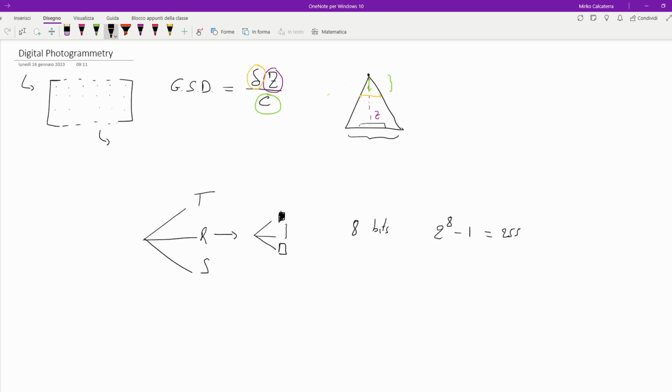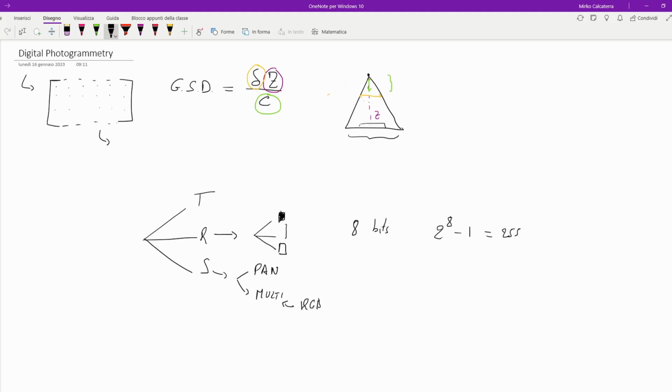Now let's move to the spectral resolution. The spectral resolution is a way to describe all the colors. There are two main possibilities: one is panchromatic and one is multispectral. In multispectral, the most famous is RGB, but there are other ways to describe colors.